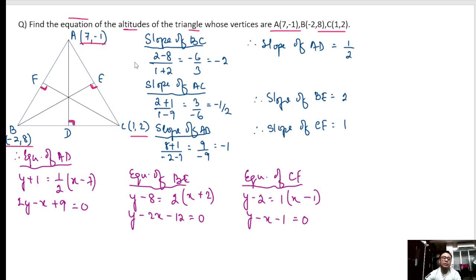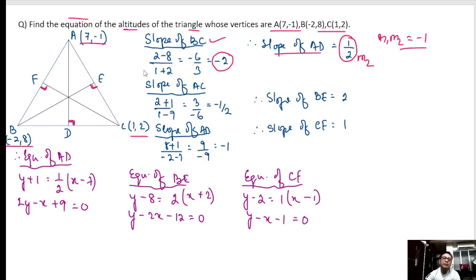So first of all, what we have to do, find the slope of BC. This is the slope of BC. Now AD is perpendicular to BC, so the slope of AD, using m1 m2 equal to -1, we get the slope of AD.